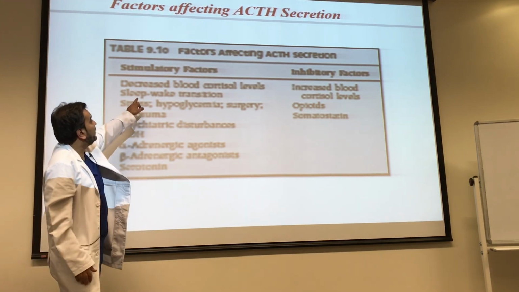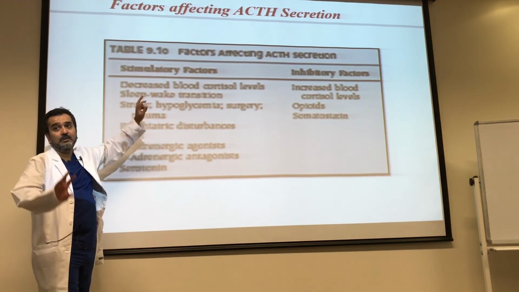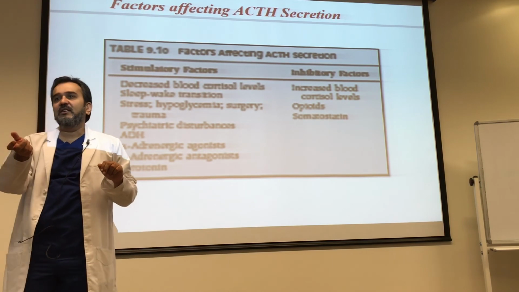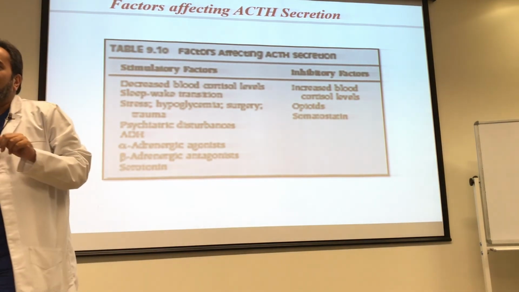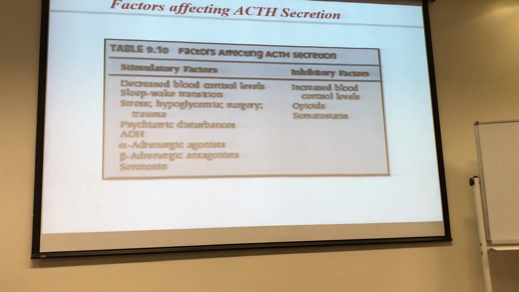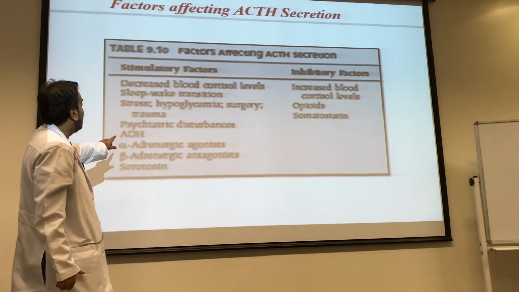Sleep-wake transition: if you change your sleep-wake cycle, for example keeping awake for the whole night, your cortisol secretion is going to change, and once your cortisol goes down, your ACTH is going to go up.